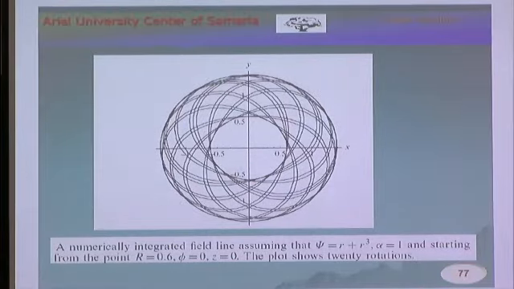Now, I've drawn one of those magnetic field lines, and I assume some specific psi. The psi I assume is r plus r to the 3, but you can take almost anything you like, and I took alpha equal 1. You just see that everything is knotted on those tori.